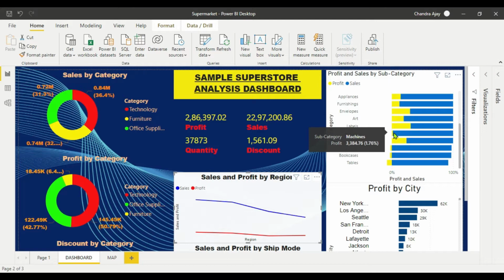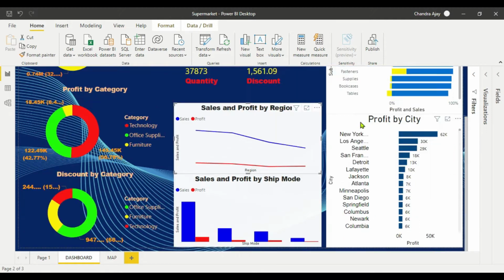But comparing it with the sales, we can see that the sales are pretty much higher, while the profit is completely reversed. This is a reverse case condition.